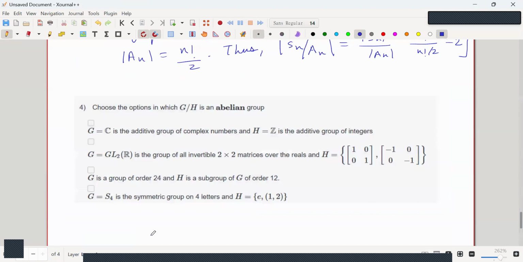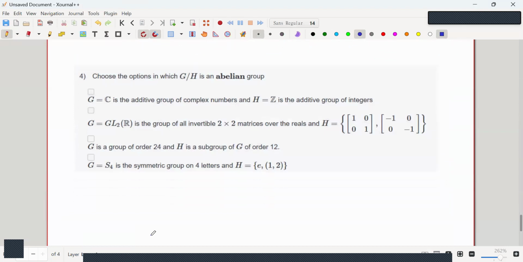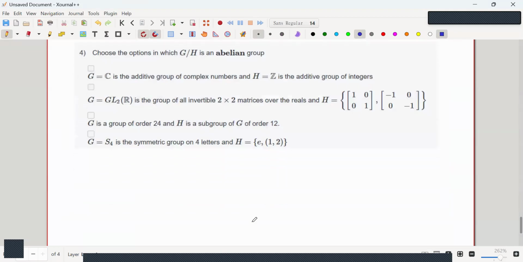So we need to choose the options in which G by H is an abelian group. In the first option, G is the additive group of complex numbers and H is the group of integers. Is it true that G by H is an abelian group?